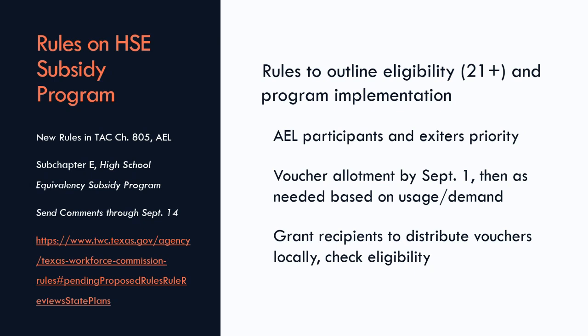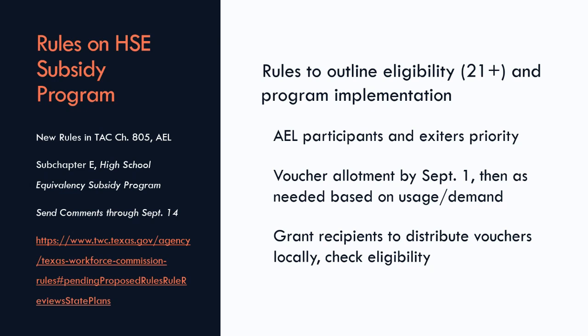So the next step here you'll see is a voucher allotment. In the next week or two, we are hoping to take to the commission a discussion paper which outlines your voucher allotment. The proposed rules say that by September 1 of each year, the commission must approve a voucher allotment.